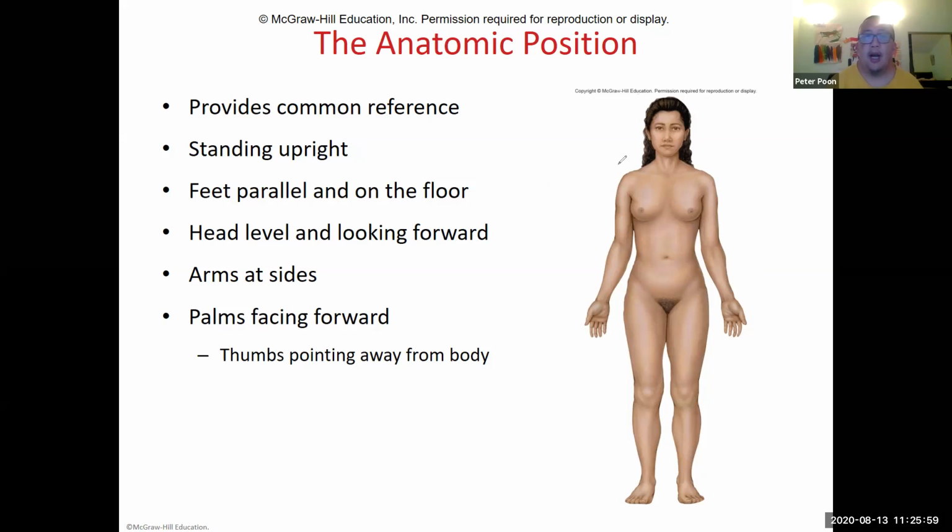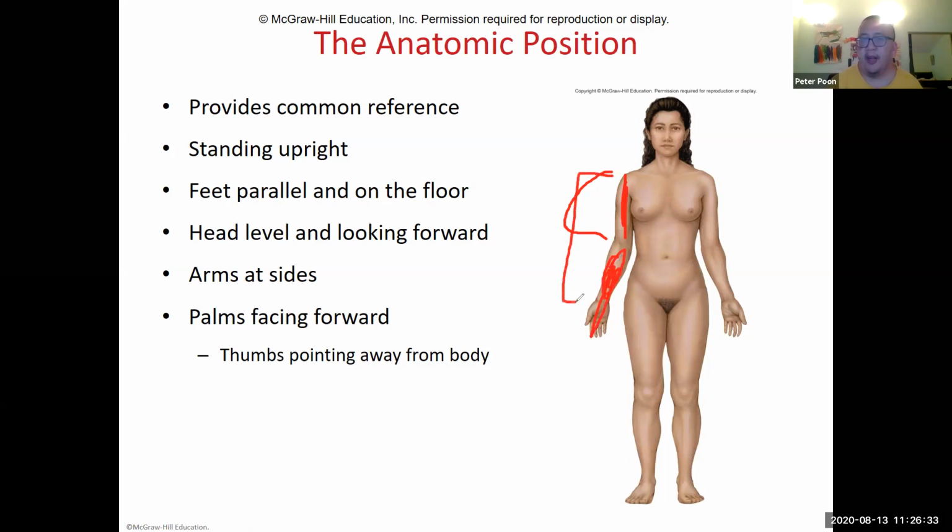The other thing I want to bring up right now is that there are some terms that have different meanings outside of anatomy than inside anatomy. For example, this part right here is your arm in anatomy. This is your forearm.